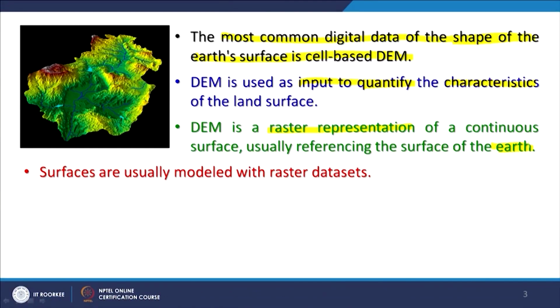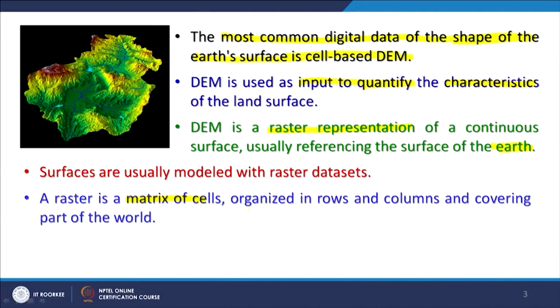The surface of the earth is usually modeled with raster data sets because it has continuous characteristics. For example, when one part of land or continent ends, then sea comes, and when the sea ends the land comes. So all around the globe it is continuous, and that is why raster is the best way to represent the surface of the earth.